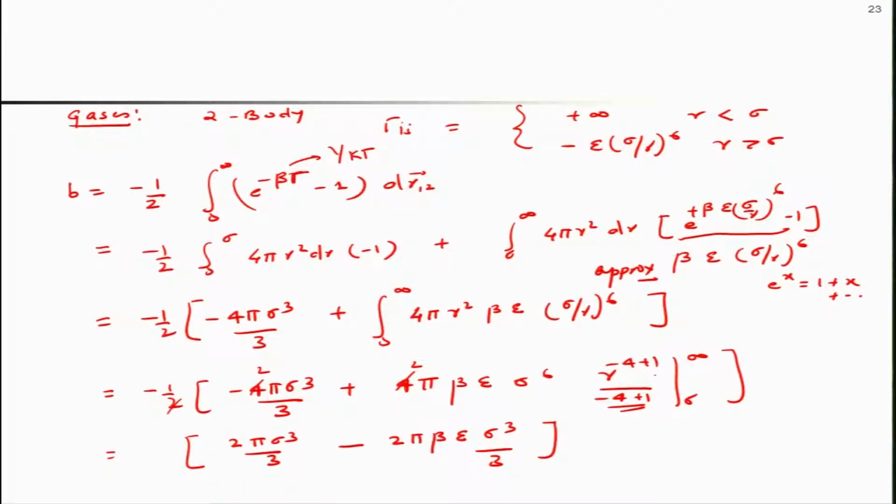Okay. So, now I can simplify this expression as simply omega by 2 times 1 minus epsilon by kT or beta, where omega is nothing but 4 pi sigma cube by 3, which is an exclusion volume. Okay.